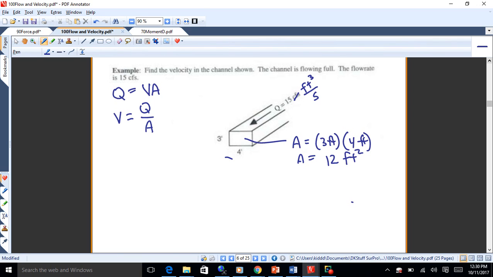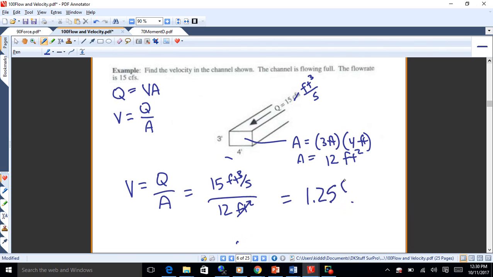So you get the area easy enough, just divide it into the flow rate. You should get 1.25 feet per second, I think. So when you take the cubic feet per second, you divide it by square feet.